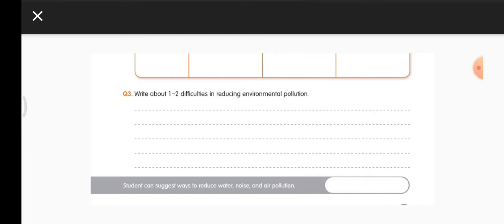When we explain that you should not honk unnecessarily or play loud music and disturb others, some people might be stubborn, right? It's hard convincing people. It is not easy. So write about these 2 things. Environmental friendly products might be expensive. Second point, convincing people to reduce pollution is not easy, right?